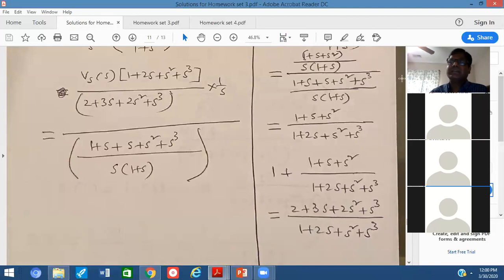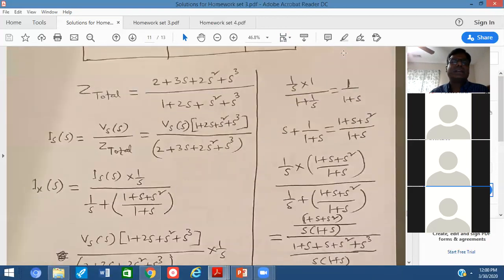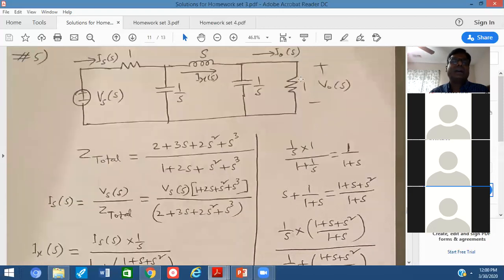Okay, and then once I got the total impedance ZT, I just wrote that on here. And then I am calculating IS, VS over Z total. So IS means this current, the total current. So I got this one. And then I gave a new name to the current here.